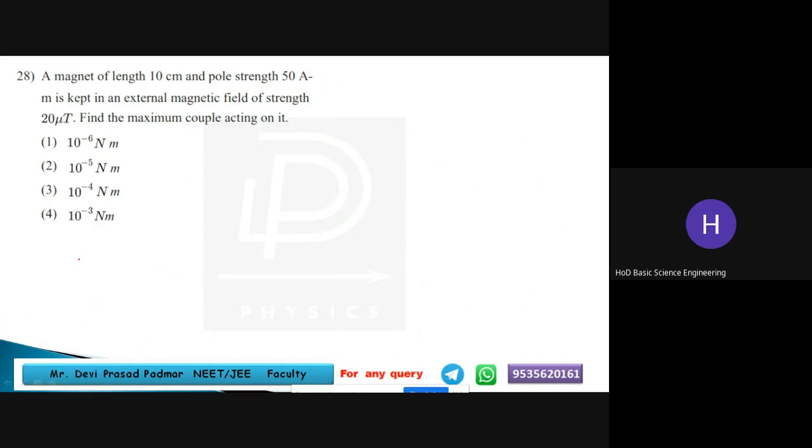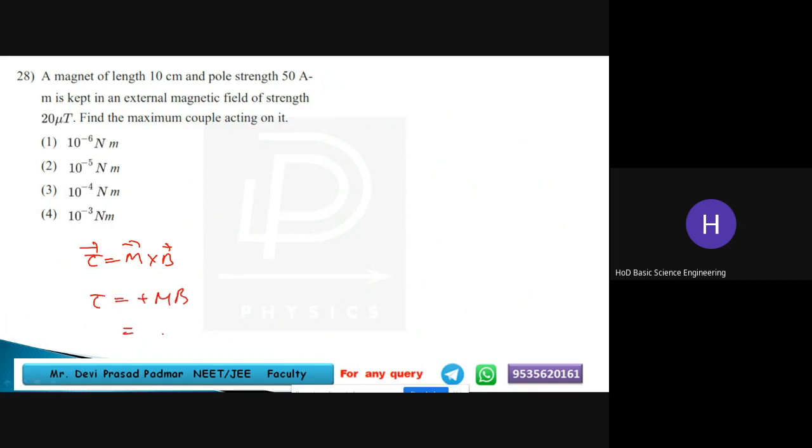A magnet of length 10 centimeter and pole strength 50 ampere meter is kept in an external magnetic field of strength 20 micro Tesla. For the maximum couple acting, theta value, right? So maximum torque is nothing but MB. Torque is M cross B, where M is the dipole moment. For maximum value it will be plus MB.